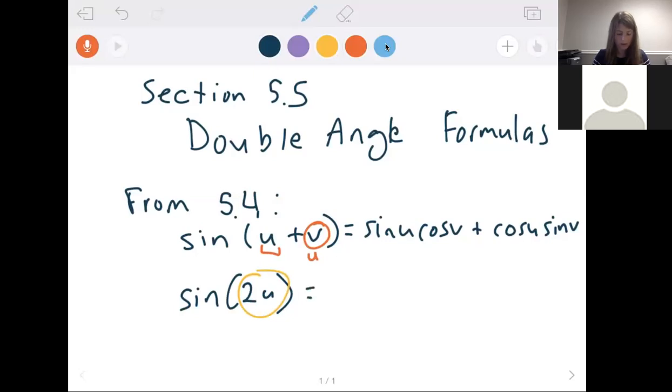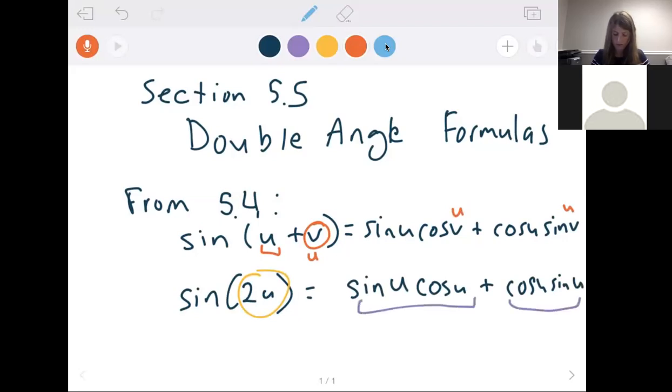And if we plug in and think about what happens if this becomes a u and then also a u here, this actually turns into sine u cosine u plus cosine u sine u. Now, in terms of these two, notice that the order of multiplication doesn't really matter.